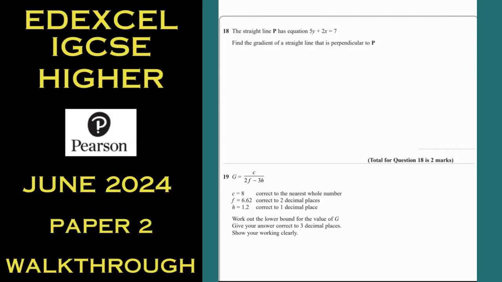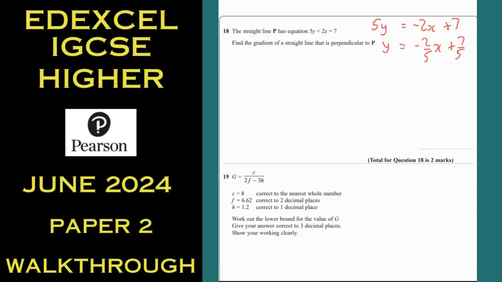On we go. Number 18, we've got it not quite in the form of y equals mx plus c, so let's just subtract 2x from both sides. Subtract the 2x and it's getting there. It should be plus 7. Divide both sides by the 5.